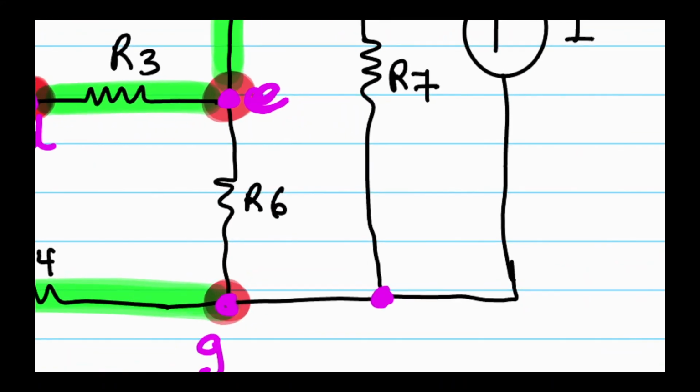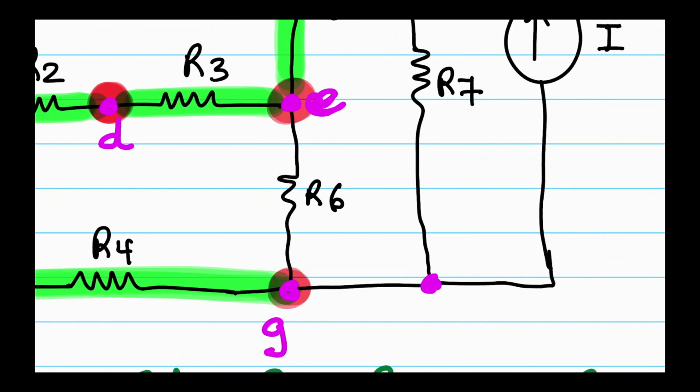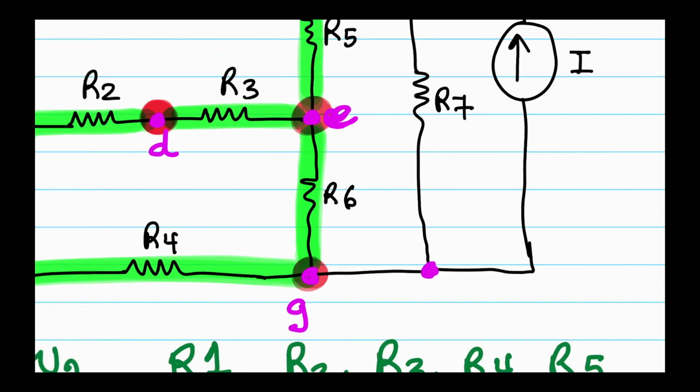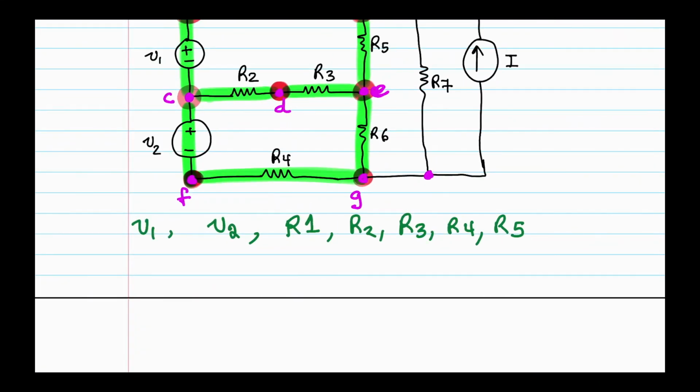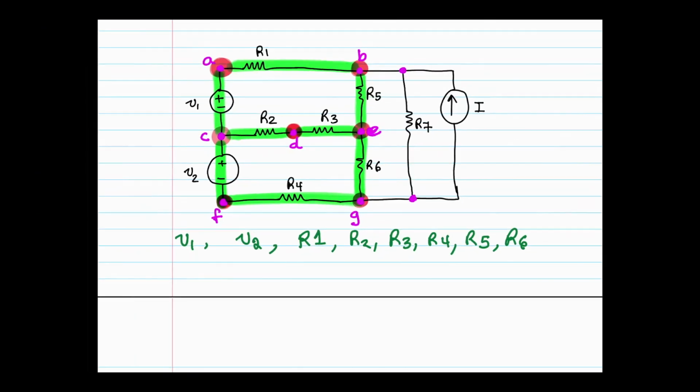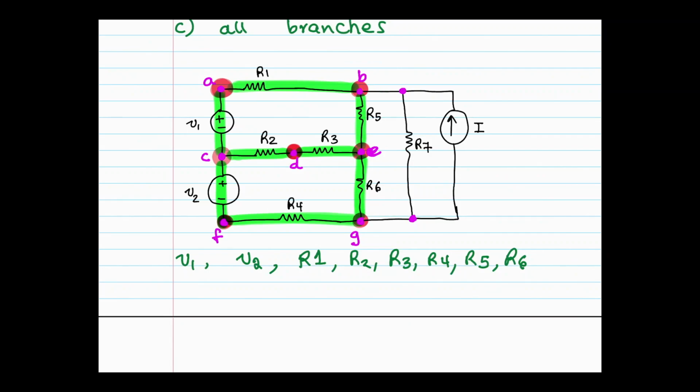What else? Did we cover the node E and G? Let's do that. In between node E and G, I have a branch, and that branch is R6. The resistance R6 is sitting in the branch. How about this guy? The branch R7 is actually between the same nodes B and G. That's a path.